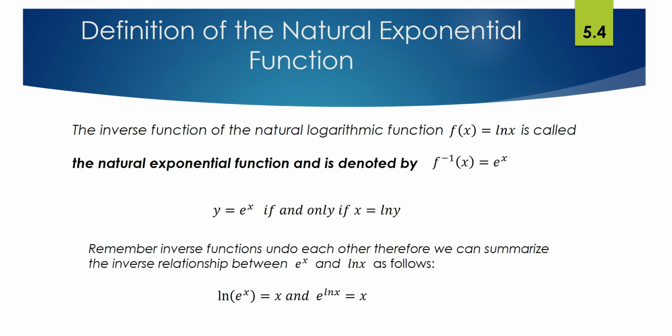So we need to remember that f of x equals e to the x is the inverse function for ln of x. ln was created for e to the x so that we could deal with those unknown exponents. And that inverse relationship is shown by y equals e to the x if and only if x equals ln of y. This is your looping rule. Remember, we called it follow the loop.